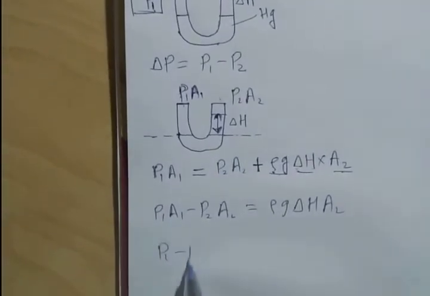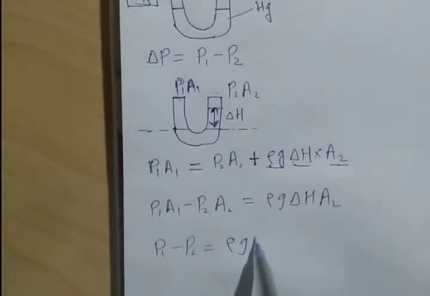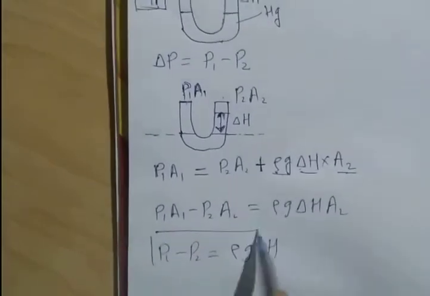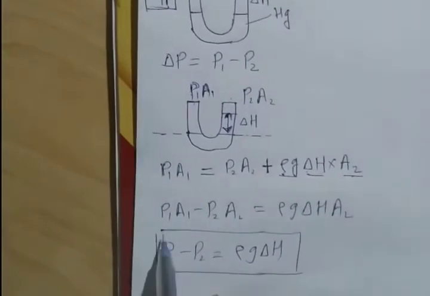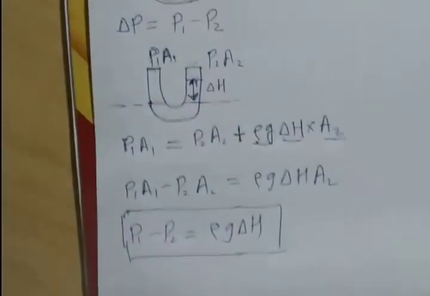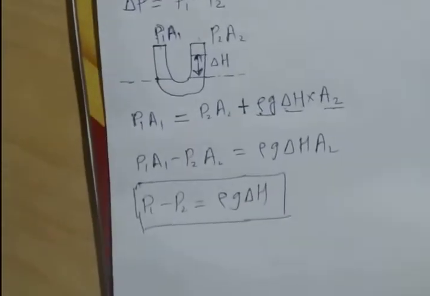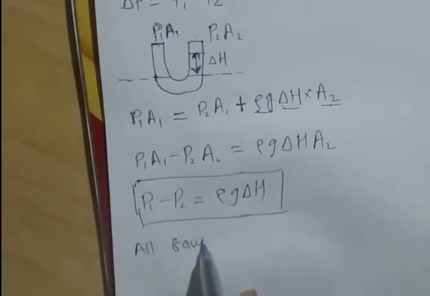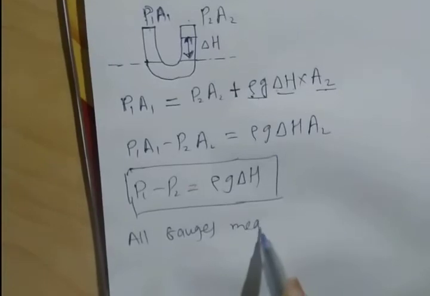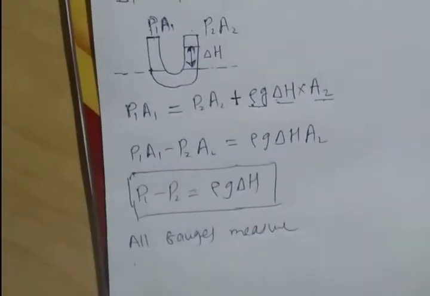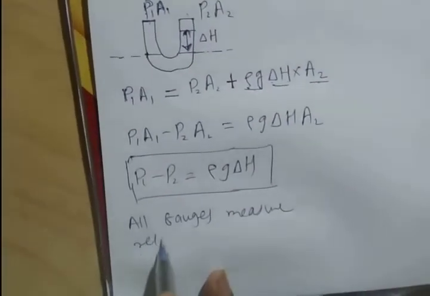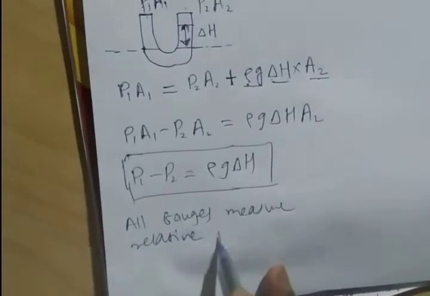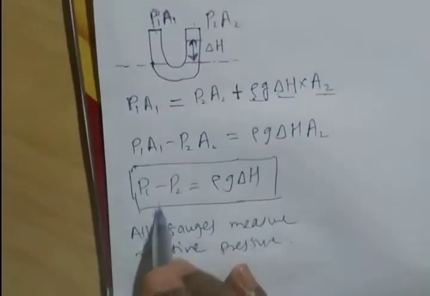So P1 minus P2 will be equal to rho g delta H. So basically what the U-tube manometer measures is the pressure difference, or we can say all gauges measure relative pressure or pressure difference.